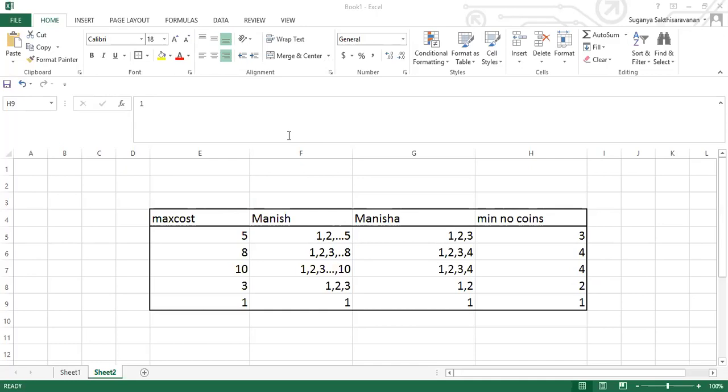What is the logical sequence Manisha is trying to do here? Okay, log 2 of n, because the number can be represented as a power of 2. Good. Ragi, your logic is good. Others?